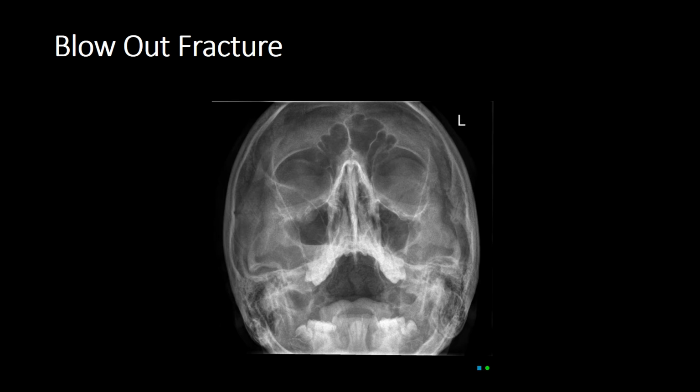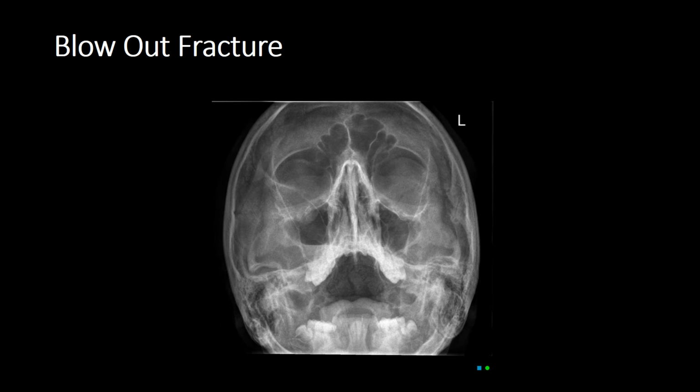So this raises the pressure within the orbit, and the orbital floor is actually very weak. So the pressure rises and causes a blowout to the floor of the orbit. And what can happen is that the orbital contents can herniate down through that fracture.